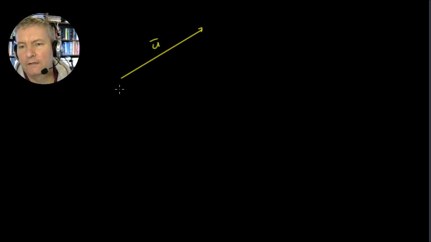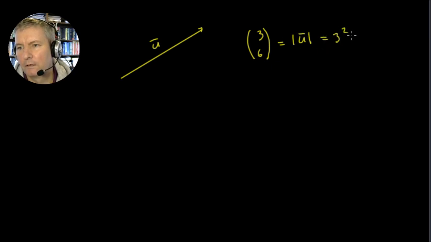So let's say we've been given this vector u, and we've been asked to find the length of the vector, that is the magnitude of the vector, and let's say the vector in component form is (3, 6). We can find the magnitude, and it's given by 3 squared plus 6 squared, and we take the square root of it.